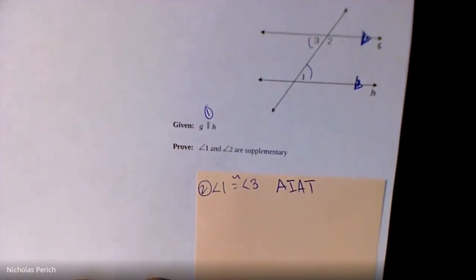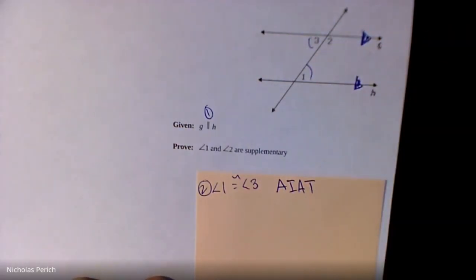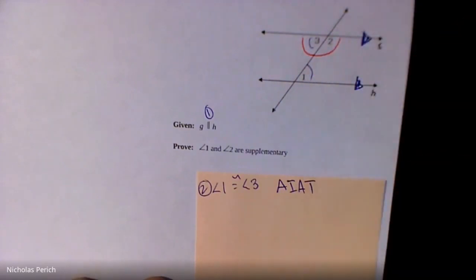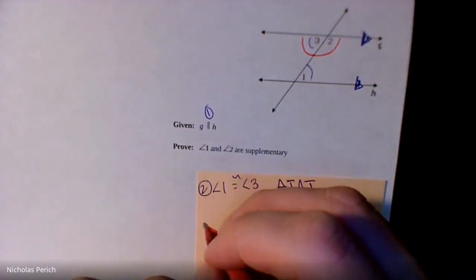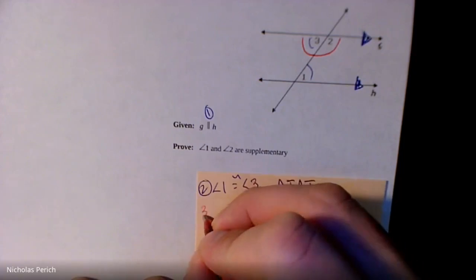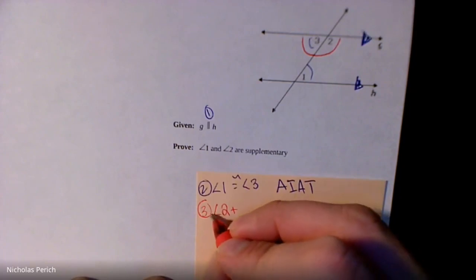My job is to prove that angle 1 and angle 2 are supplementary. Well, angle 1 and angle 2 aren't connected, but you know what is? Angle 2 and angle 3 are. So I have to say measure. Let me put the M there.